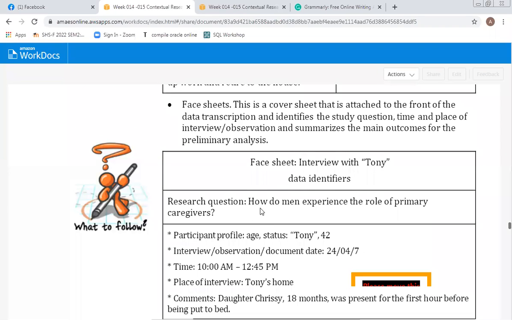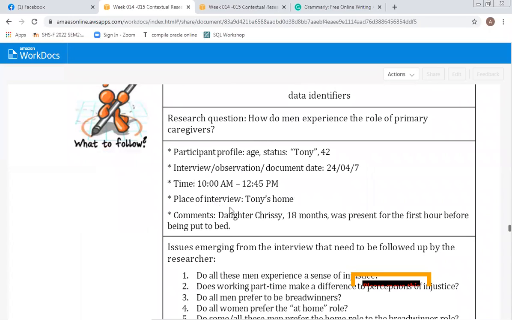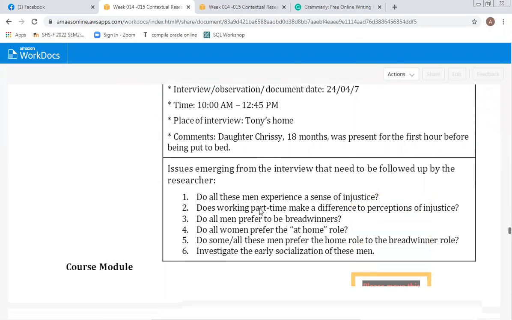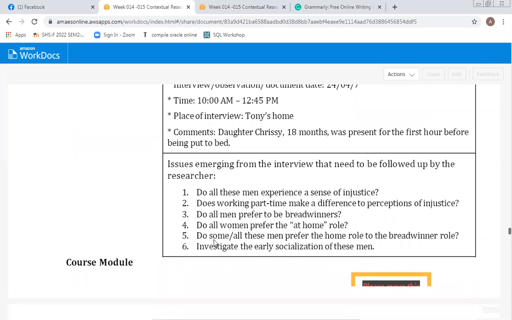Tapos research question. Lagay niyo lang yung mga info ni Tony. Ilan taon na siya? 42. Kailan kayo nag-interview? Anong oras yung interview? Saan yung interview? Comments, ano yung gusto niyo i-comment? Sino yung kasama ni Tony nung in-interview siya? Tapos sulat niyo yung questions niyo sa baba.